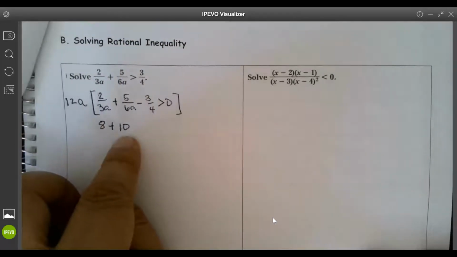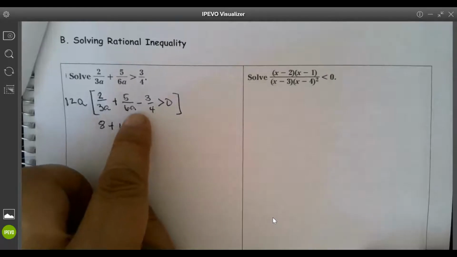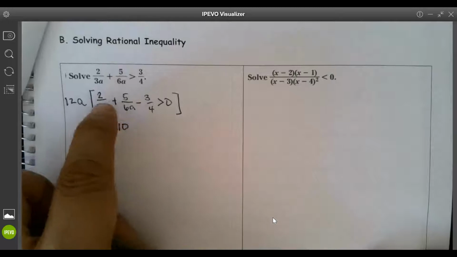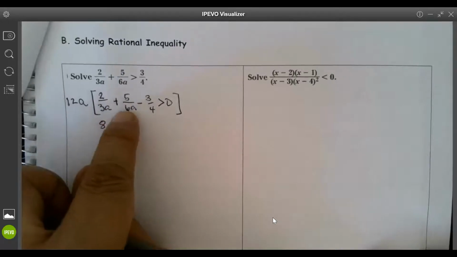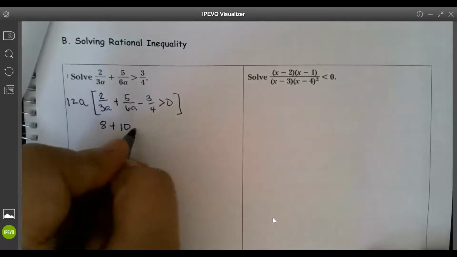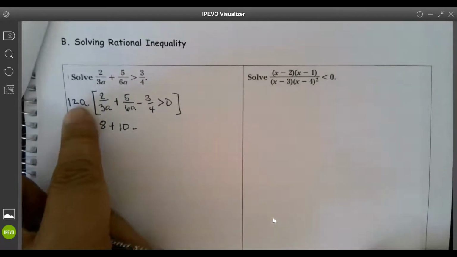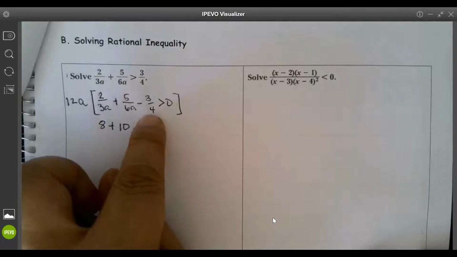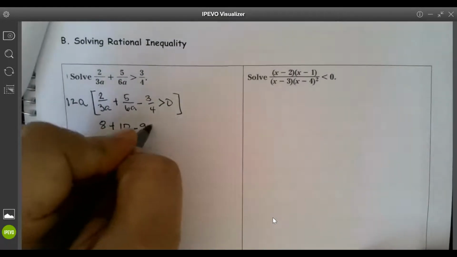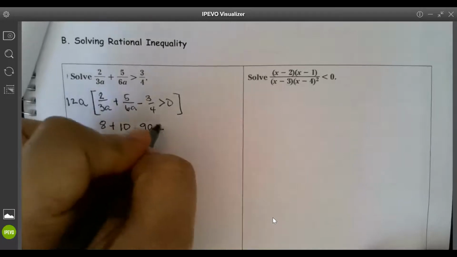If you don't want to divide first, you multiply first and then divide, it's the same. 12 times 5 is 60, divided by 6 is 10. A and A will cancel out. Minus, this one is 12A divided by 4 is 3A times 3 is 9A, is equal to 0.